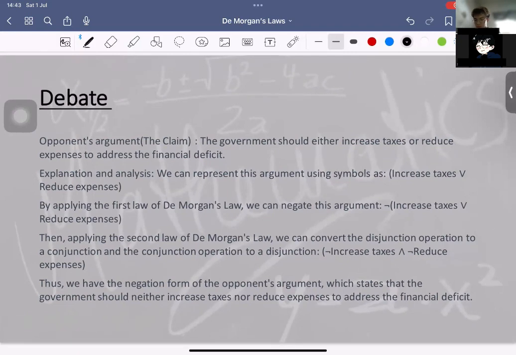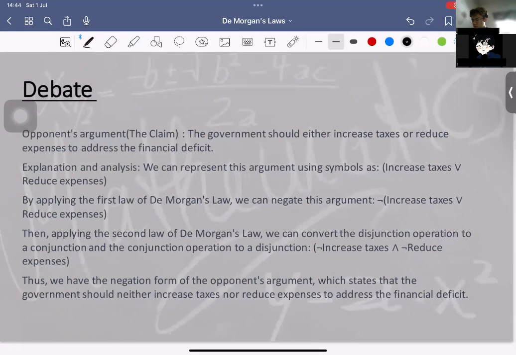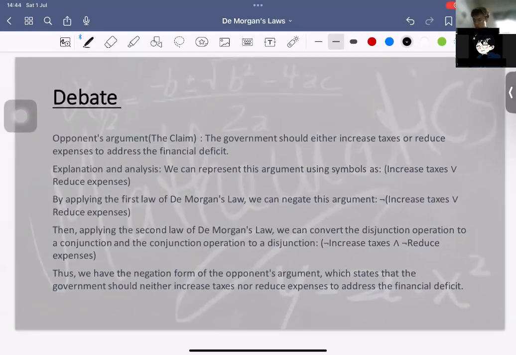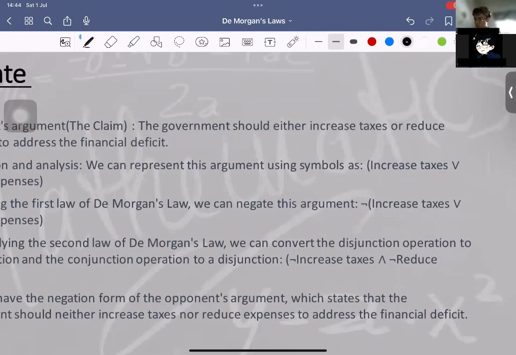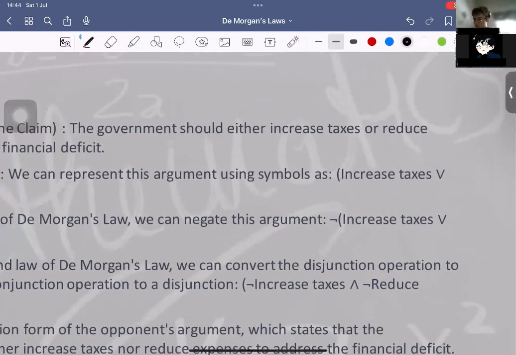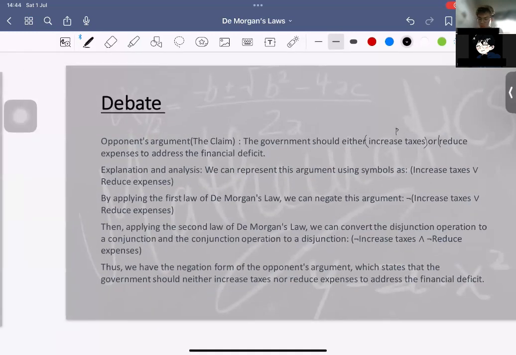So the first step is we need to analyze the claim. We can represent this argument using symbols: increase tax or reduce expenses, because the claim says either increase tax or reduce expenses to address the financial deficit. So we can let this become P and this become Q.